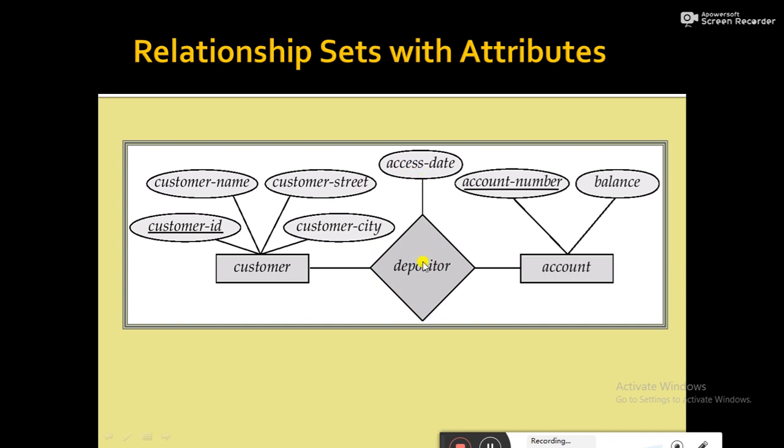So in that example, if you convert the ER model to the corresponding relational model, then the depositor relation should have three attributes. One attribute is from the primary key of the customer entity set, which is customer ID. Another is from the primary key of the account relation, which is the account number, and the extra attribute, which is a descriptive attribute, access date. So it becomes a relation with three attributes: customer ID, account number, and access date.